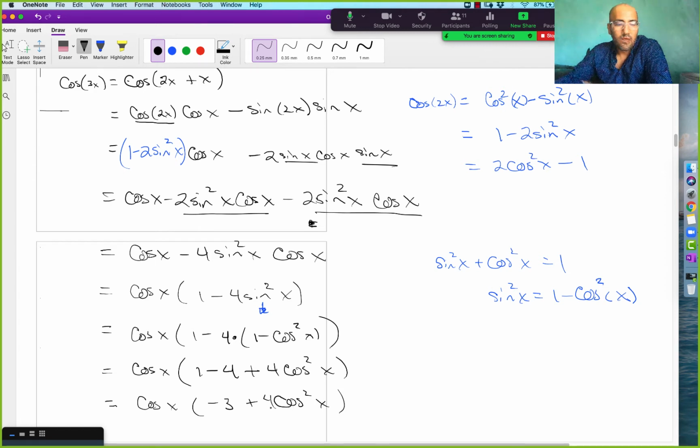We can stop there or flip these around and write it as cosine x times 4 cosine squared x minus 3. Good. Questions?